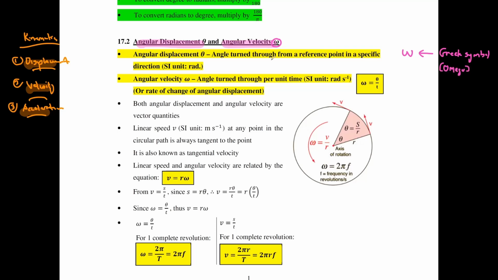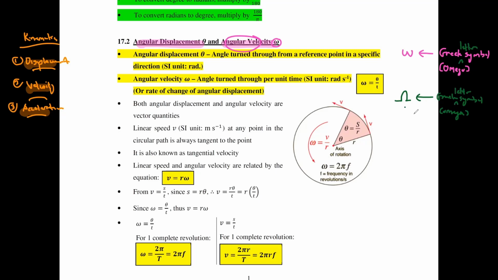Okay, it is usually used to represent angular velocity. Now, when you are talking about the symbol omega, some of you may think, isn't omega this symbol? This one is also the Greek letter omega.